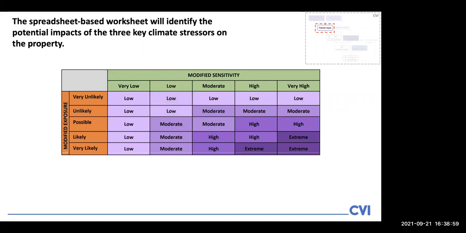So where there is a very unlikely level of exposure or a very low level of sensitivity, then the potential impact is low. However, if the exposure is very likely and the sensitivity of the property to that exposure is very high, then we get the other end of the impact spectrum, the extreme level.